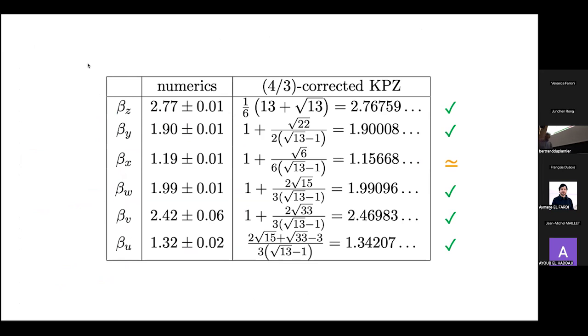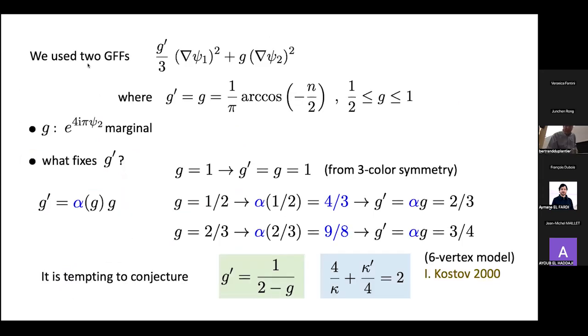As I said, we are not sure. We have a general formula for any n, and we have some checks because in some cases we know the enhancing. So anyway, you don't need that. It's no longer G prime equal G like we originally did. It's G prime equal alpha of G. And this G prime, we found the formula in general. In terms of kappa, there is a correspondence in SLE. So I skip it because I don't have much time.